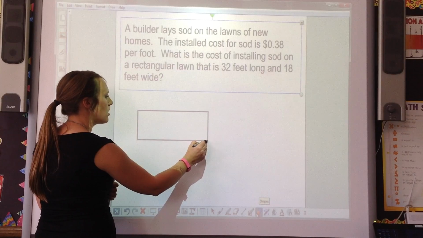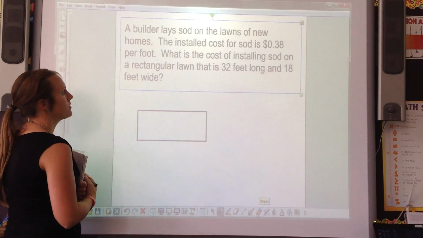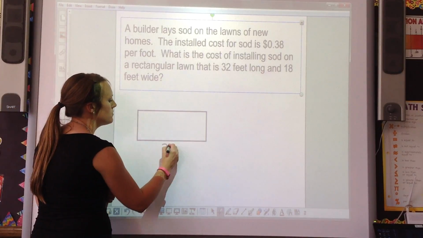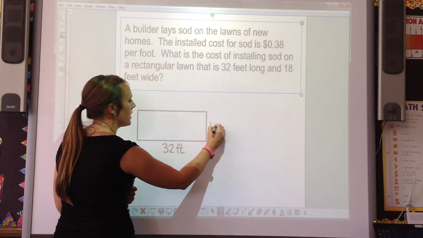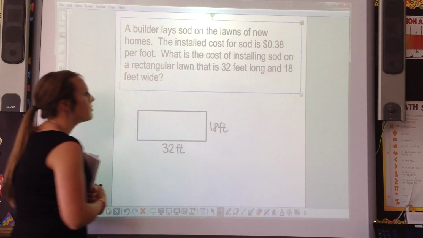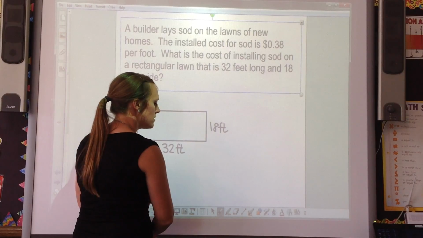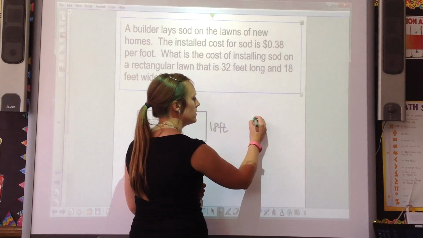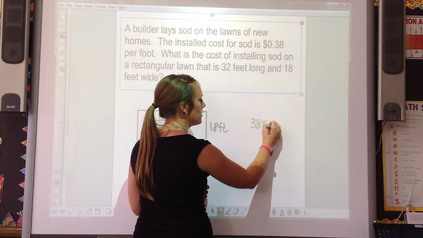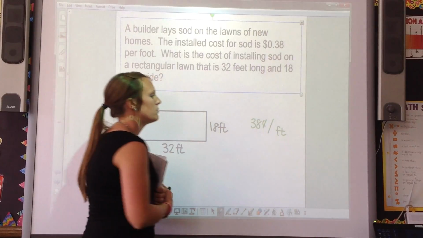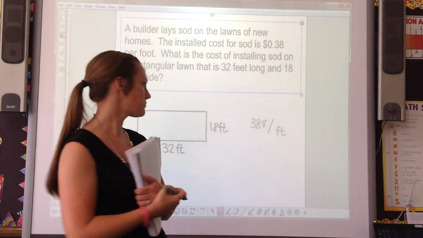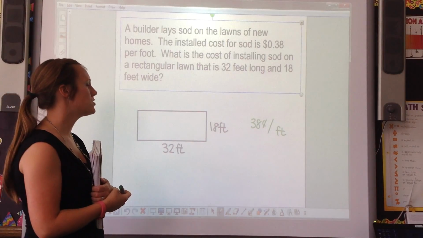I have a rectangular lawn, maybe it's just the backyard. It's 32 feet long and 18 feet wide. This problem also tells me that it costs 38 cents per square foot.